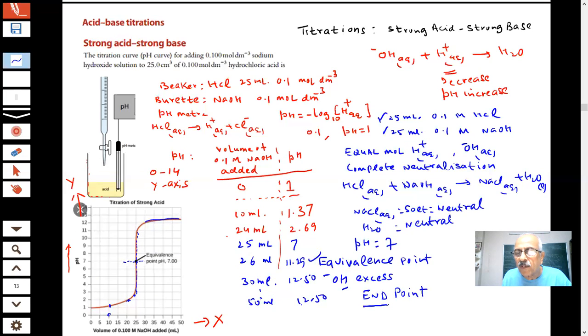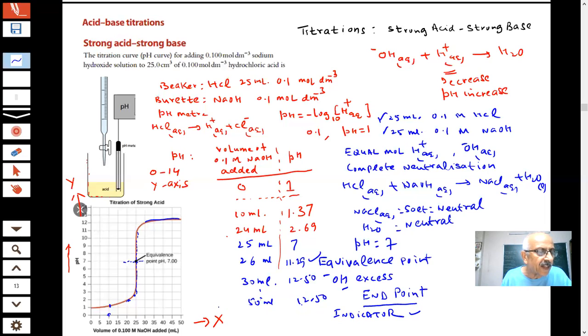How do I know this is the end point? I will have to add an indicator which will change its color in this region where the pH is changing maximum.